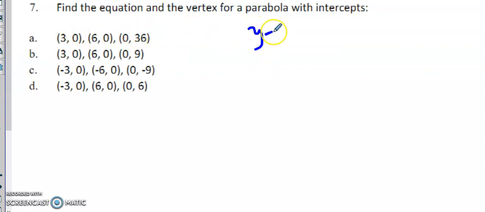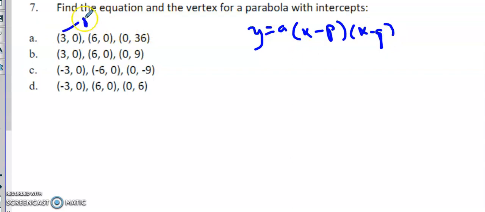So if I use the equation y equals a times x minus p and x minus q, since I'm given the intercepts, I can replace the p and the q with my answers. So this would be my p value, and this would be my q value. What we don't know in this problem is the a value, and that's where the third point, the y-intercept, comes in.